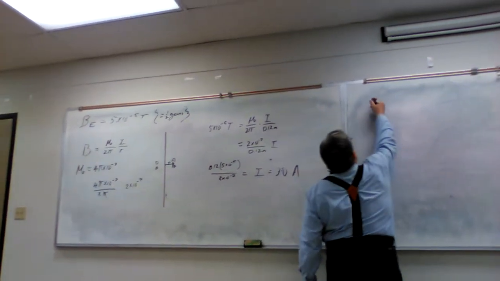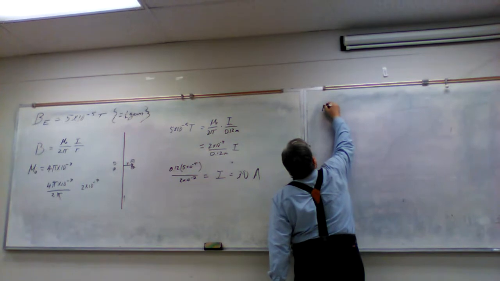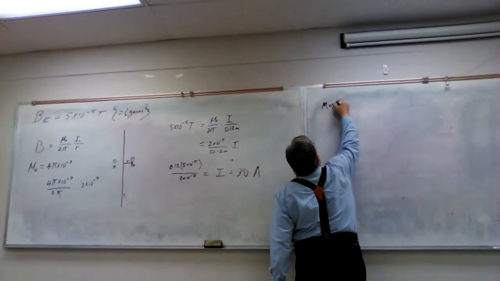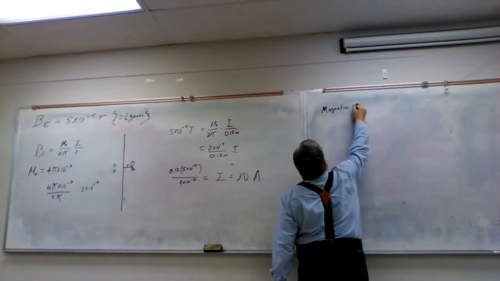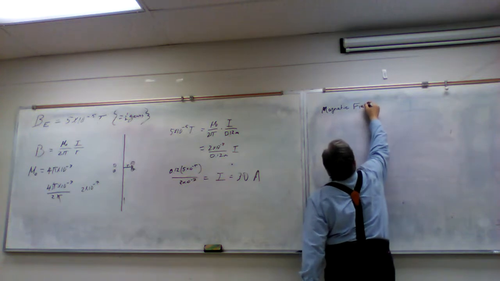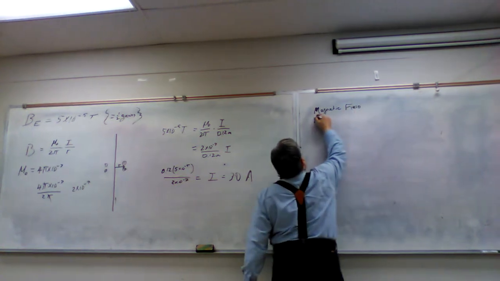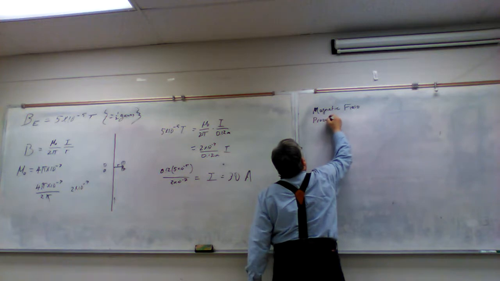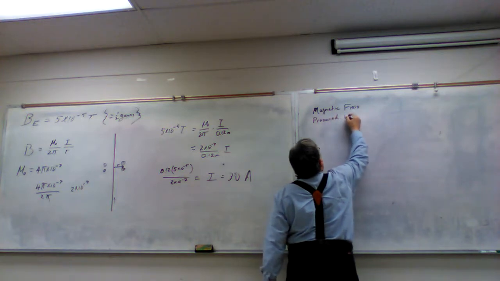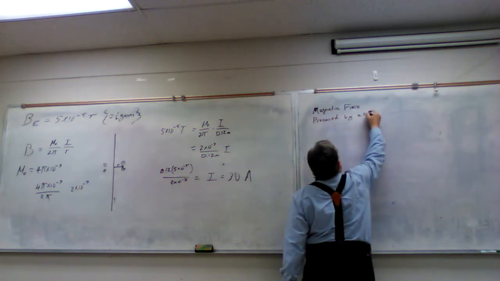This is the magnetic field produced by a current.